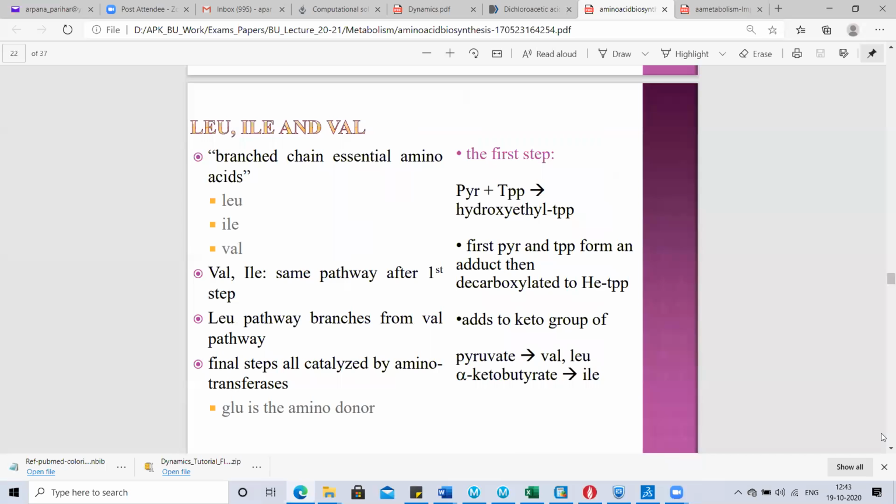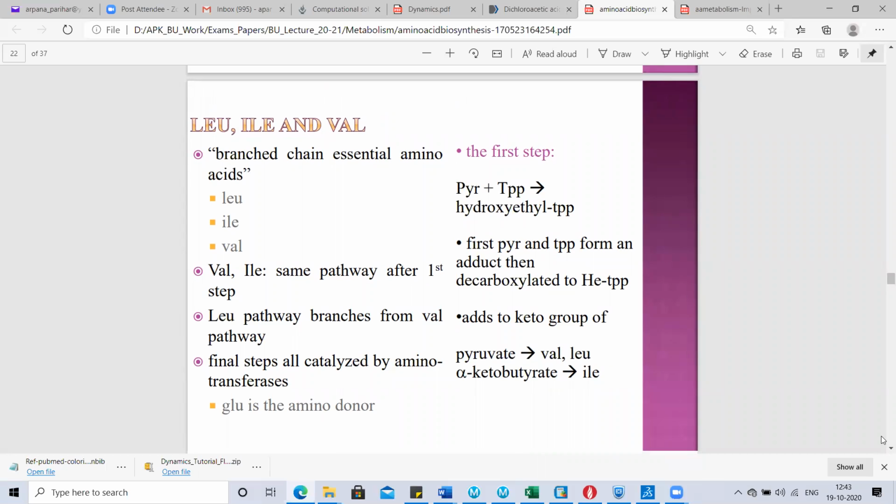How do leucine, isoleucine and valine form from this? Pyruvate, when it interacts with TPP, forms hydroxyethyl TPP, and we can see this reaction more clearly via this schematic.